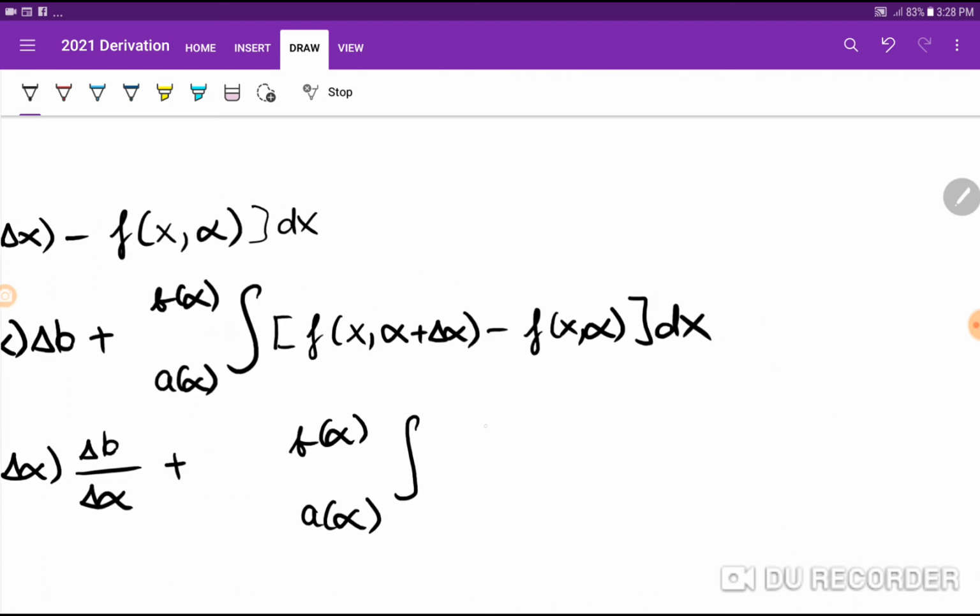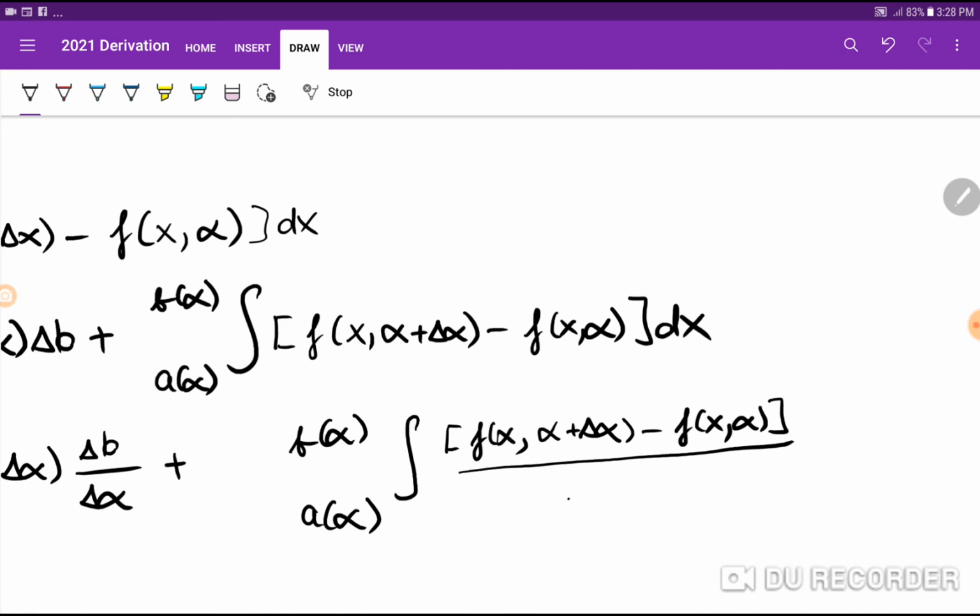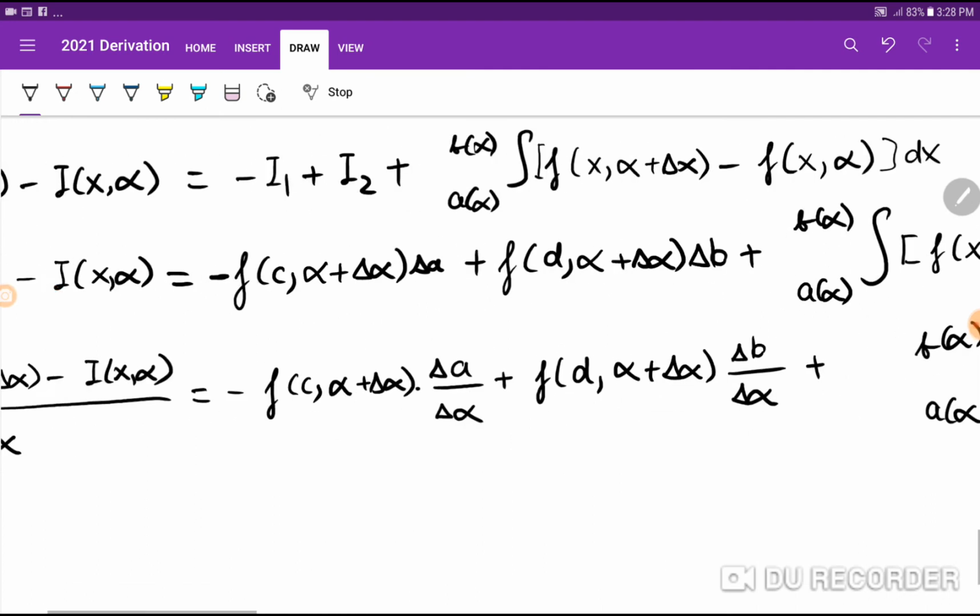Because this is continuous, I can divide delta alpha inside the integral, so it would be f x alpha plus delta alpha minus f x alpha over delta alpha. I'm sorry guys, I know this is very boring, bear with me, we're almost there, dx. Okay, cool.